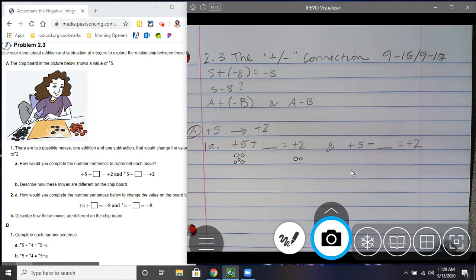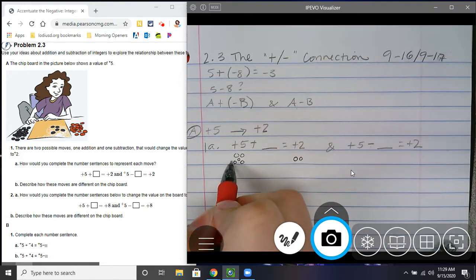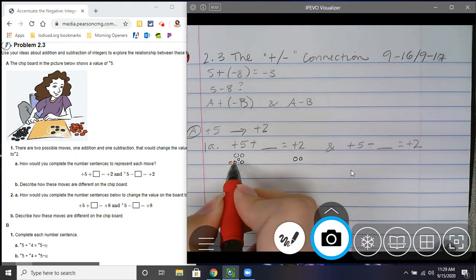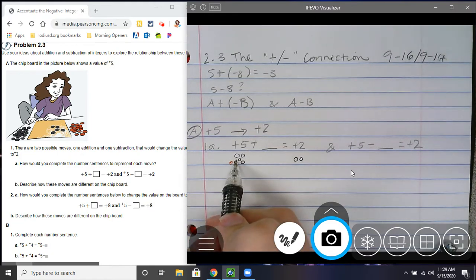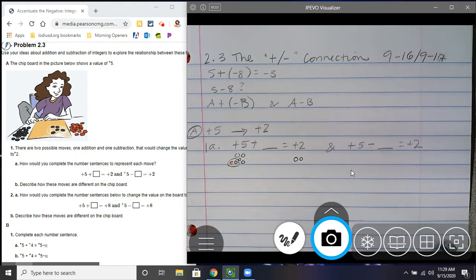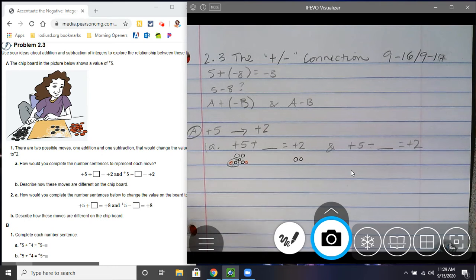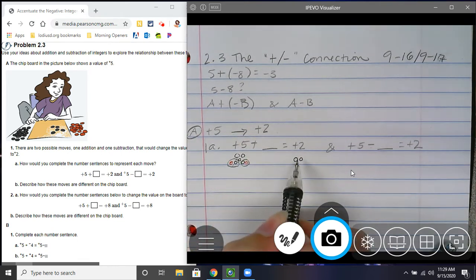Well, remember, if we add a red chip, it cancels out like this, right? They cancel out. So then I'll put another one here. So now we have 3, but I need 2.